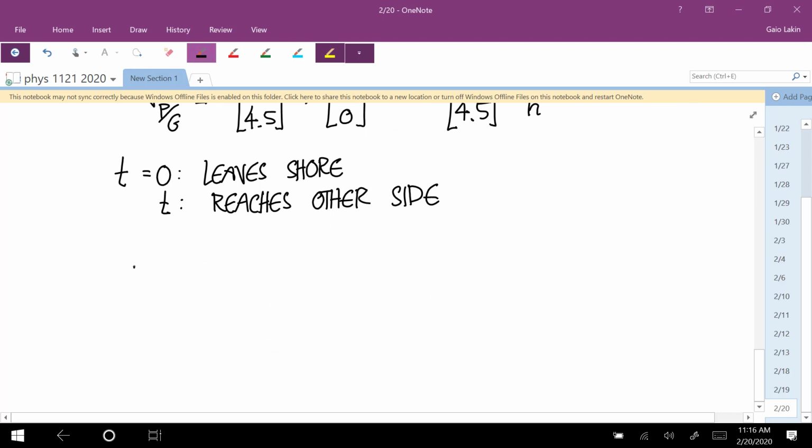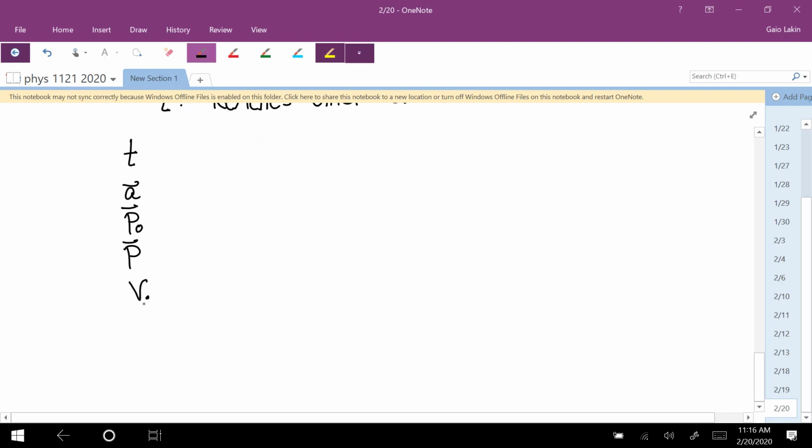And now we can think about these values: t, acceleration, position at time 0, position at time t, velocity at time 0, and velocity at time t.